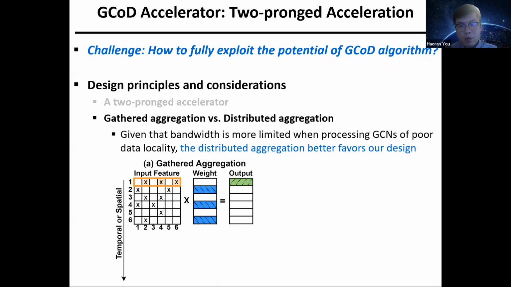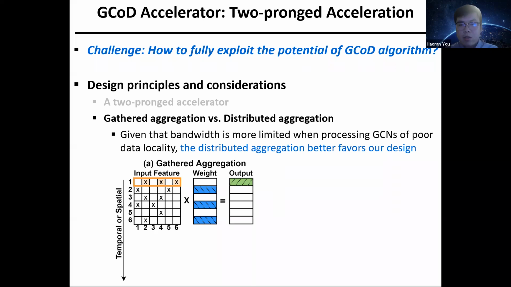And the second principle is to discuss using gathered aggregation or distributed aggregation, since the aggregation phase is the bottleneck in GCN acceleration.